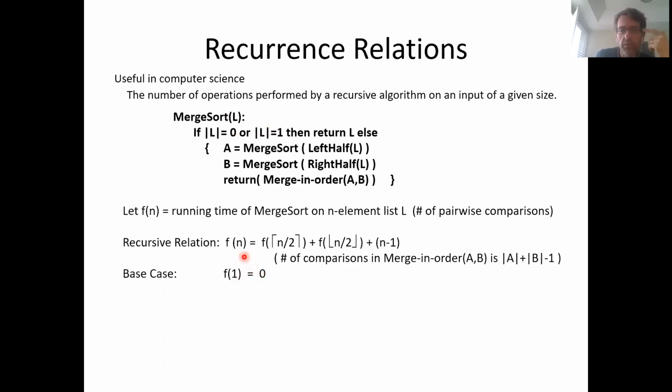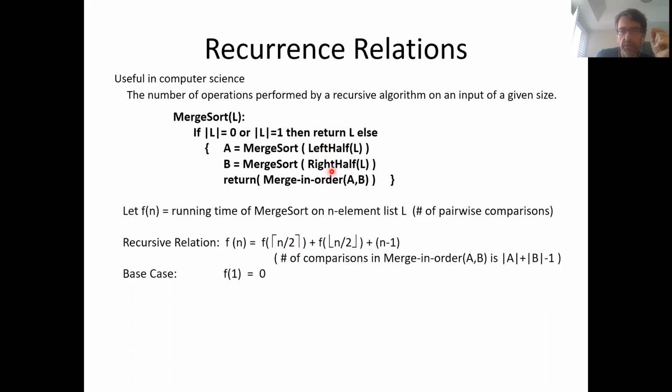Now for all integers greater than 1, f of n will be however many comparisons this algorithm did. Well, that's my algorithm. So the running time is f of the length of this. But the length of this, let's say I always make this longer if I have an odd split, is the ceiling of n divided by 2.